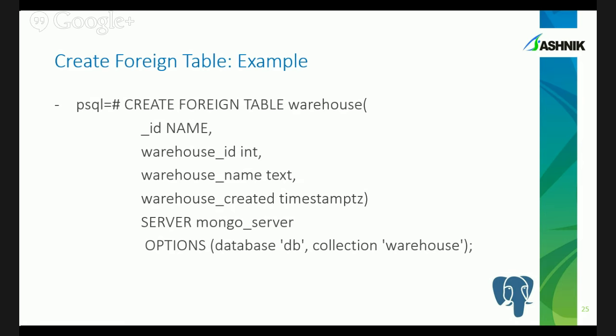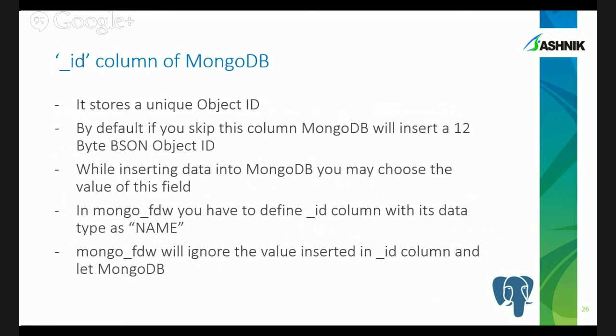So you define your underscore ID always as a name. And whatever value that you insert in underscore ID, it will be ignored. MongoDB will insert its own value like how it does when you have not provided an ID field while directly inserting to MongoDB.